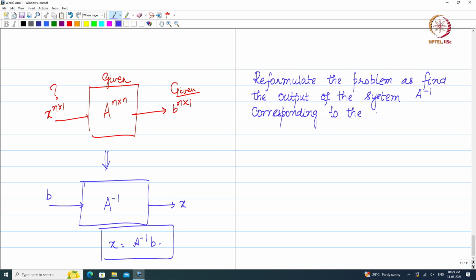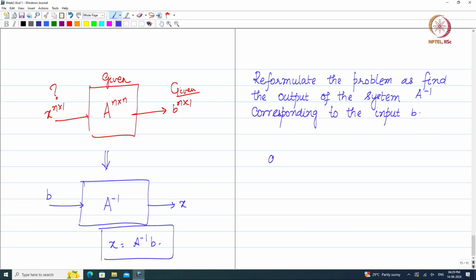That gives you another set of linear equations in which we have x is equal to A inverse b.